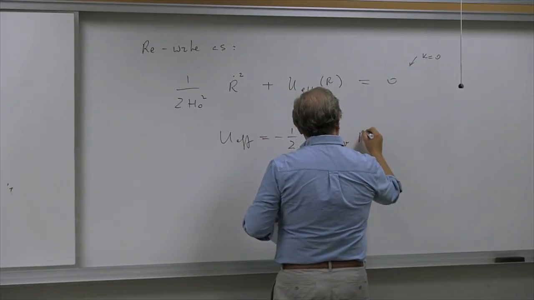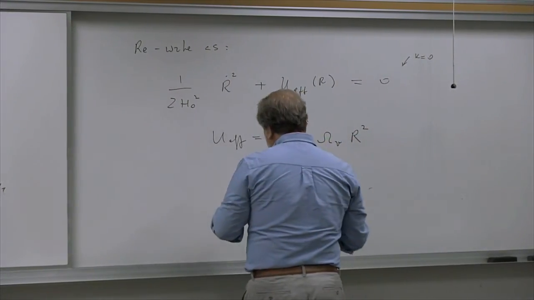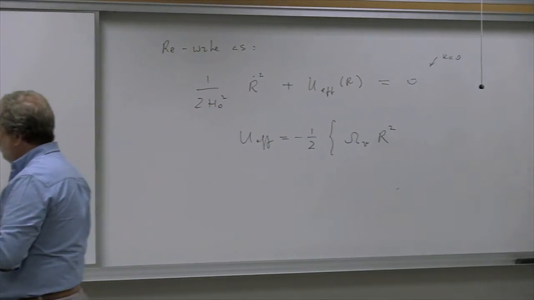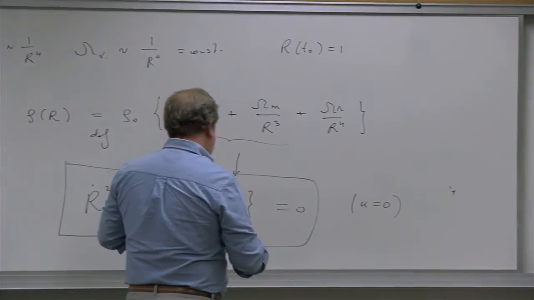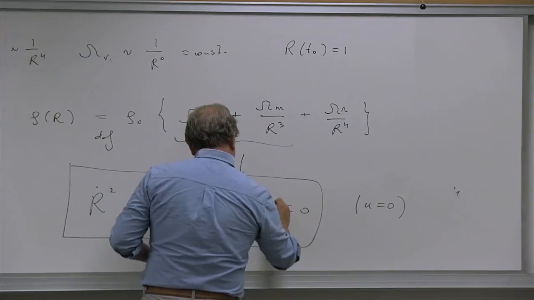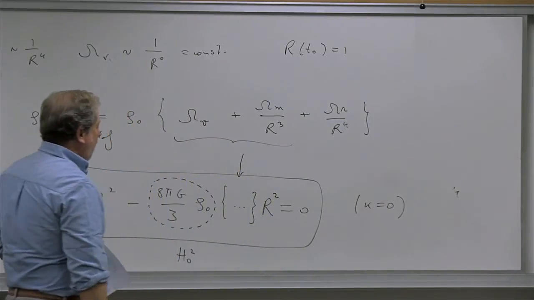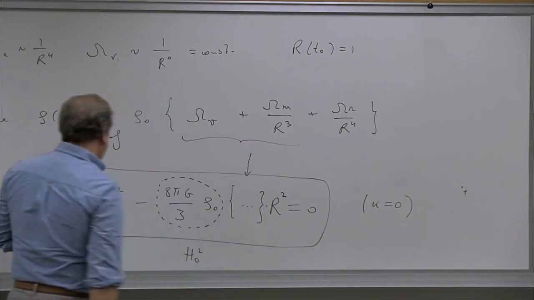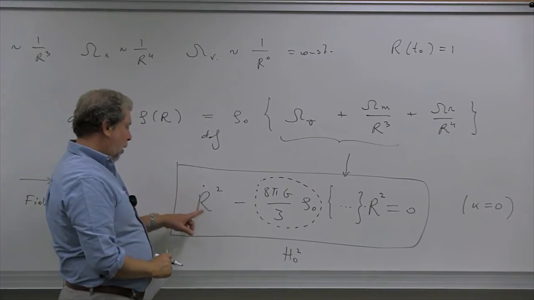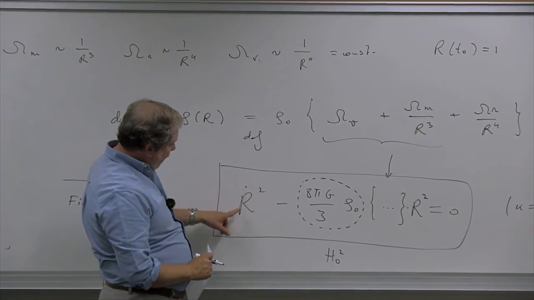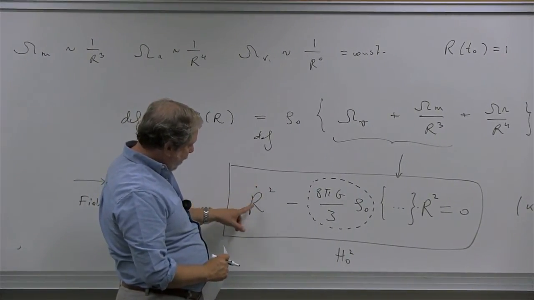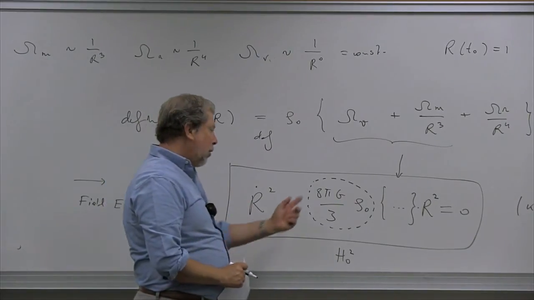omega v times r squared. I think I lost an r squared here. There's an r squared here, sorry about that. Because sometimes we write this piece as h squared, and then it's r dot over r squared, so we multiply by the r squared.